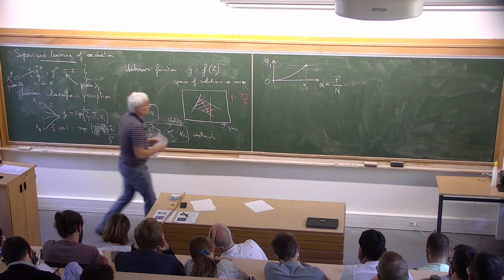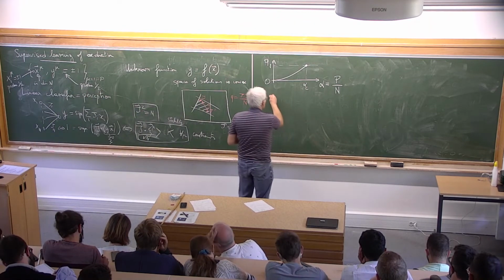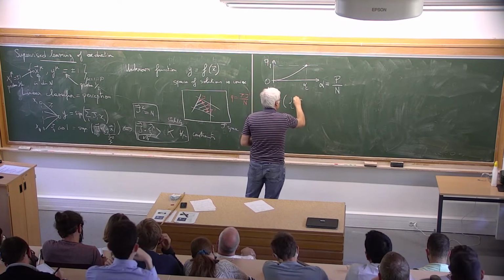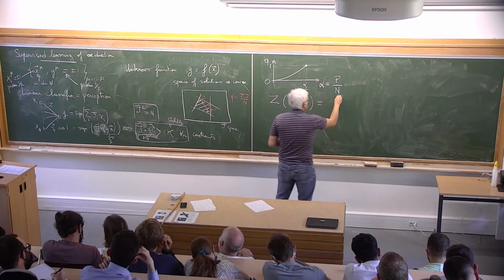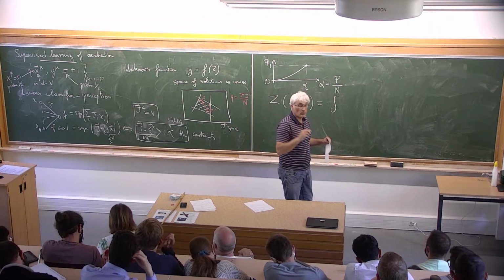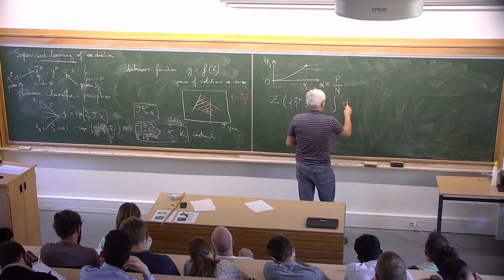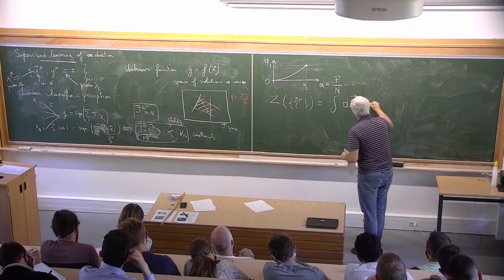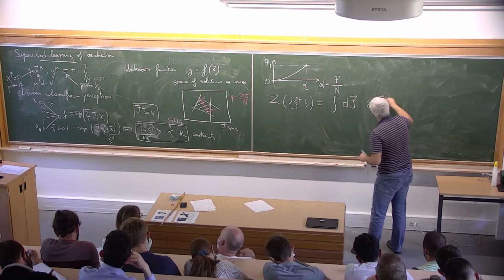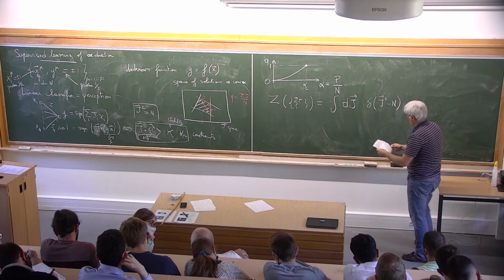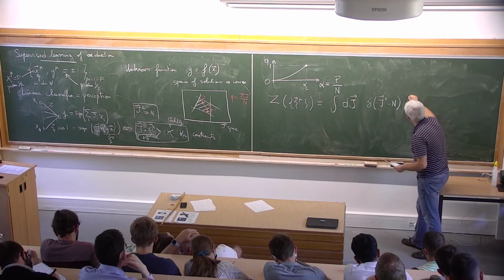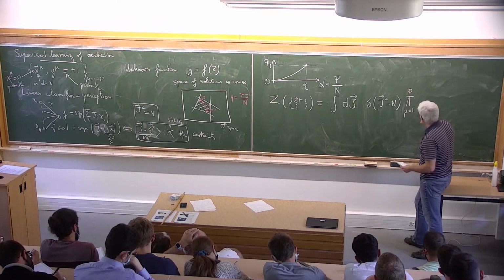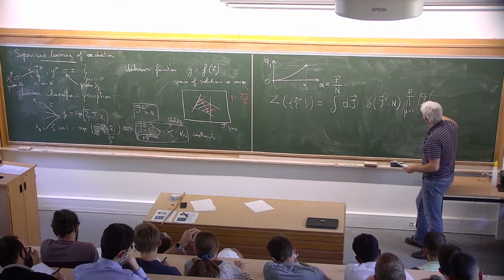Okay, so let me compute what the equivalent of Z, which is a function of our data psi mu, is going to be, as in the spherical model we had yesterday: the integral over the vectors which are on the hypersphere, and that satisfy all the conditions. So I will have a product over mu from 1 to p of the condition, and so I introduce here the Heaviside function.